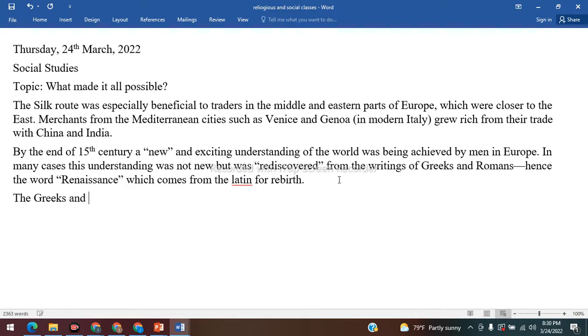The Greeks and Romans had huge, or we say vast and successful, empires in ancient times, spanning many centuries.